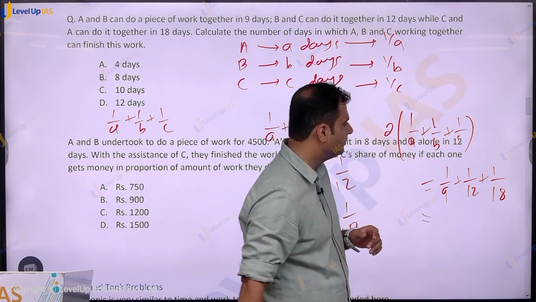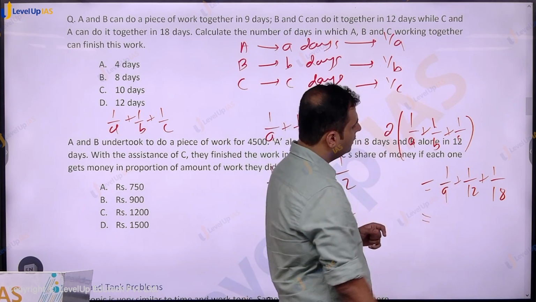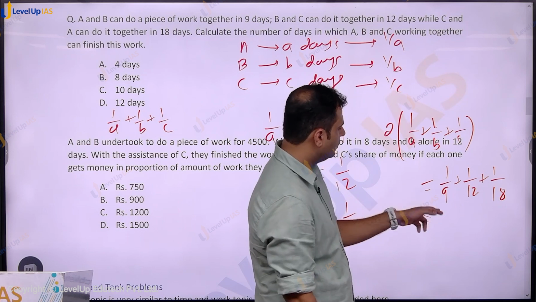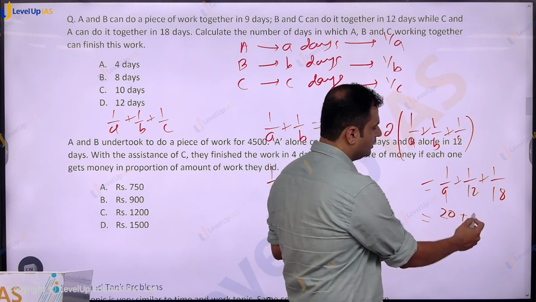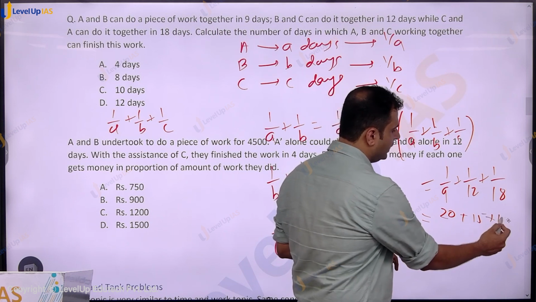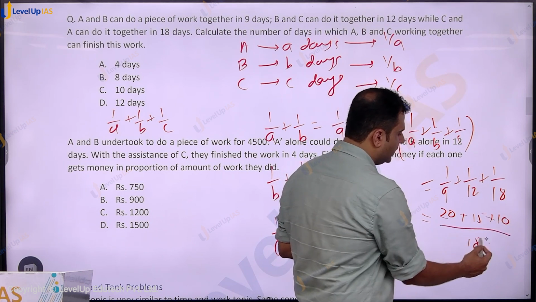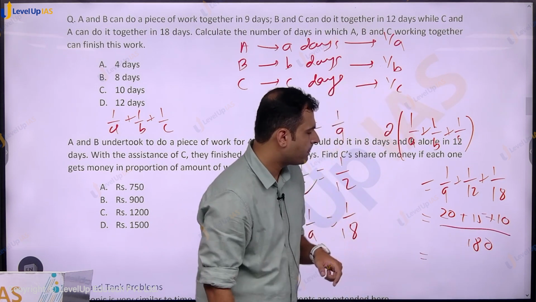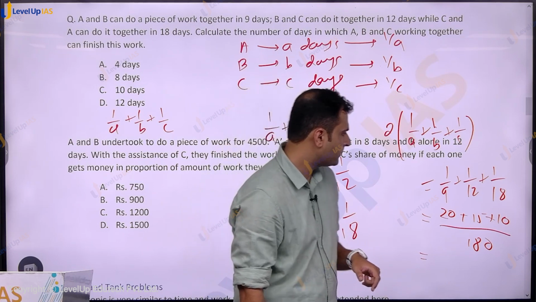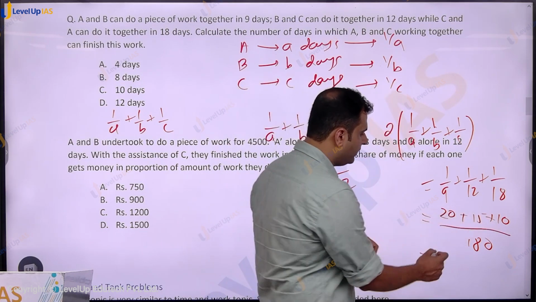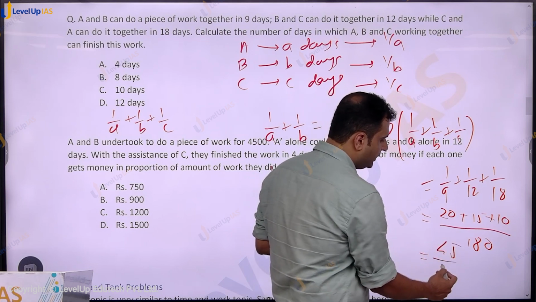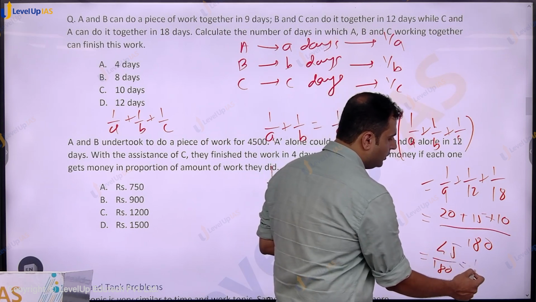So this is 20 plus 15 plus 10 divided by 180, which is 35 plus 10, 45 by 180, is equal to 1 upon 4.